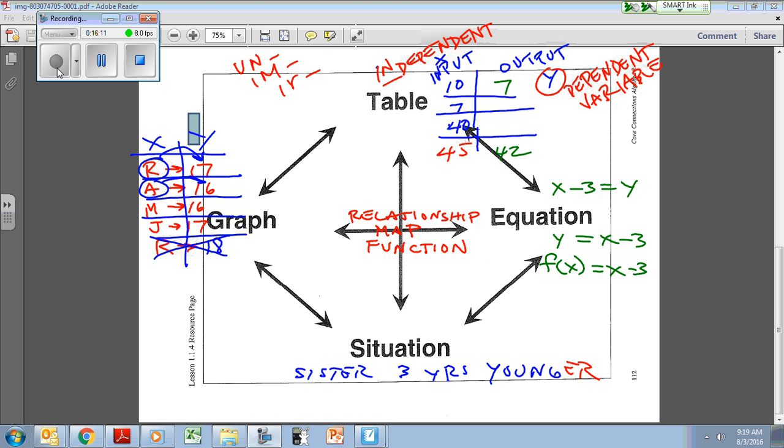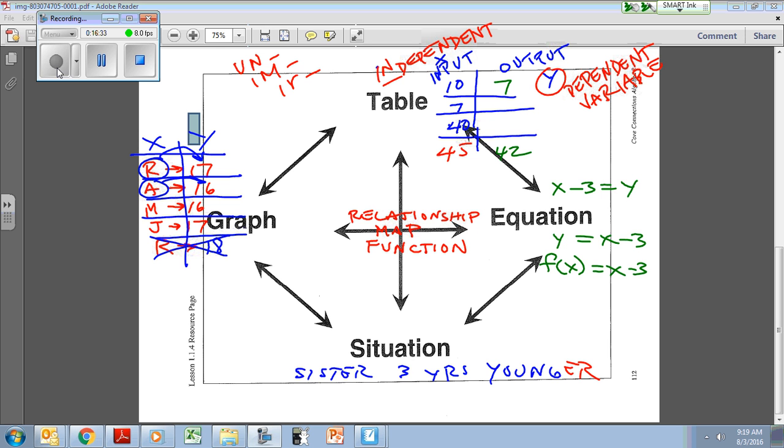Of course, the way that they will offer it to you most of the time is with the y first. My sister's age equals whatever my age is minus 3. This notation here is called function notation. The F is just a way to name the thing, like the car that you will drive.